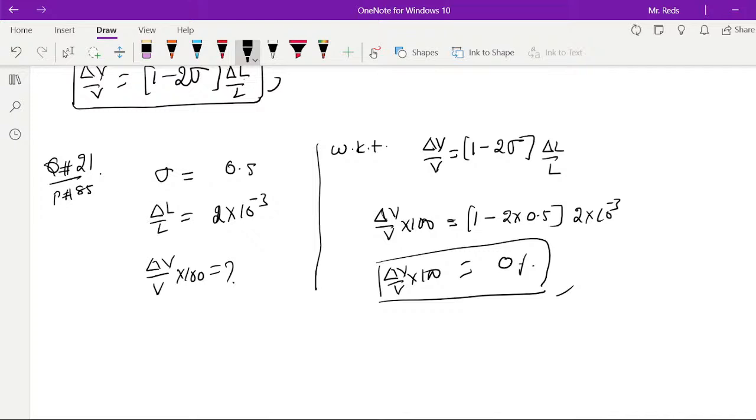Right, next we'll see a few questions based on strain energy. Here in this exercise, we have already discussed a few questions from 22 to 25. Next, we'll see question number 26.